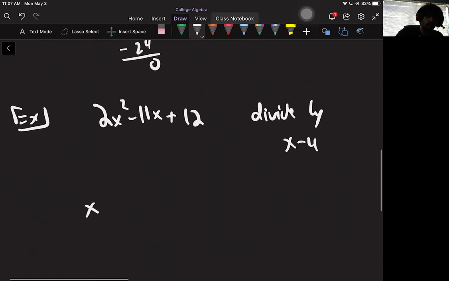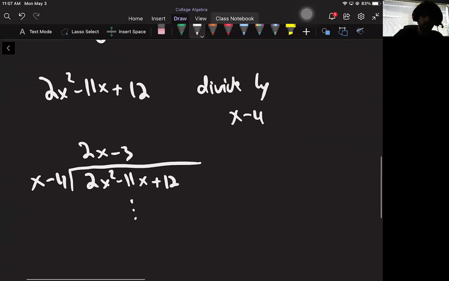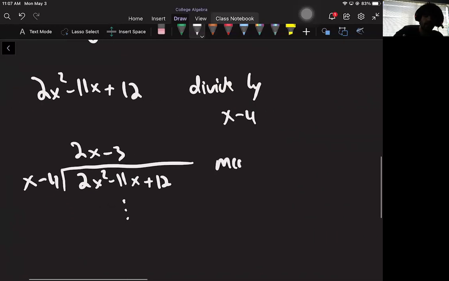And we already learned how to do this, so I don't really want to go through the whole process again. I mostly just want you to compare. If you do that whole process, you will end up with 2x minus 3. So I'll leave it to you if you want to practice in that process again. But what does this really mean? Well, you'll get a remainder of 0 once you finish again.